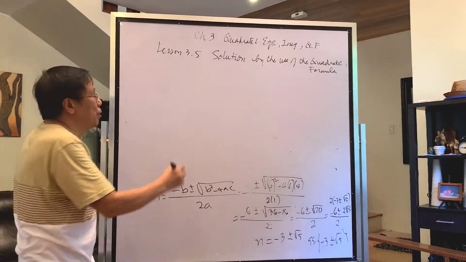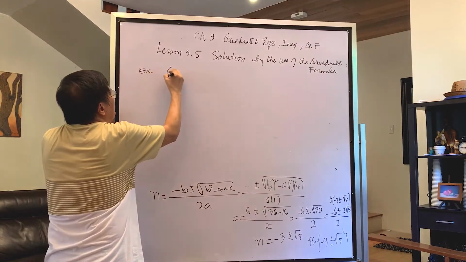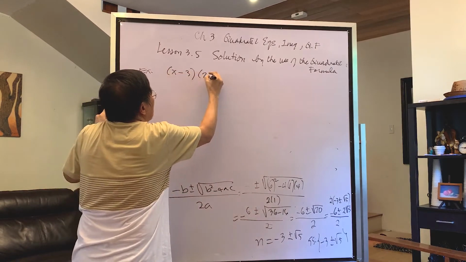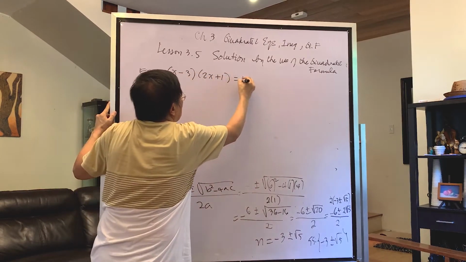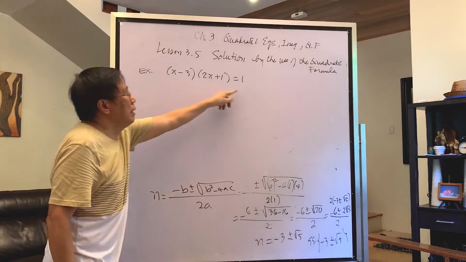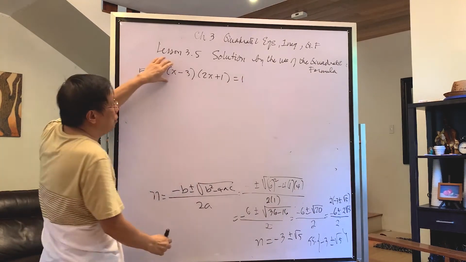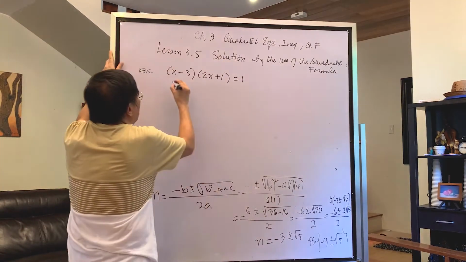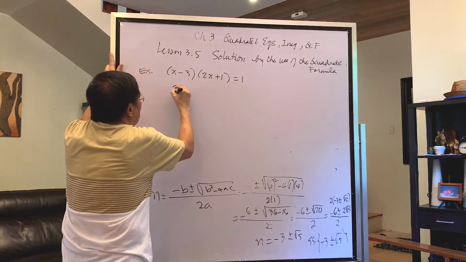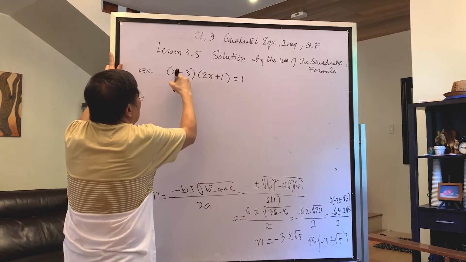Let's have another example. Suppose we have here (x minus 3) times (2x plus 1) equals 1. This is not in standard form, so we need to expand this, meaning we multiply these two binomials, and I get here 2x squared.